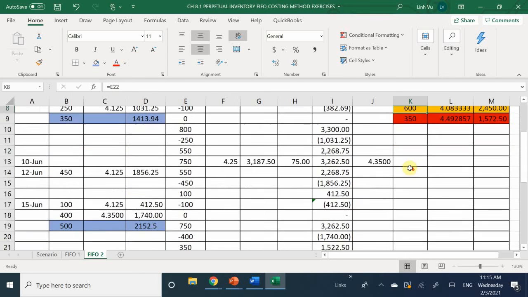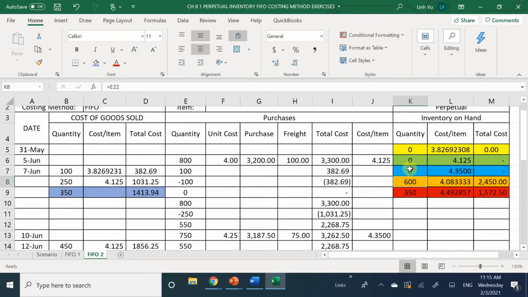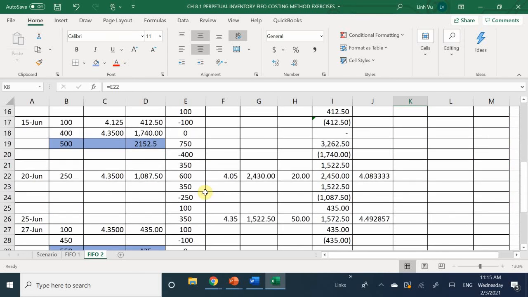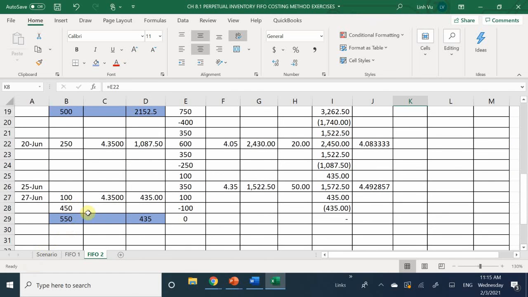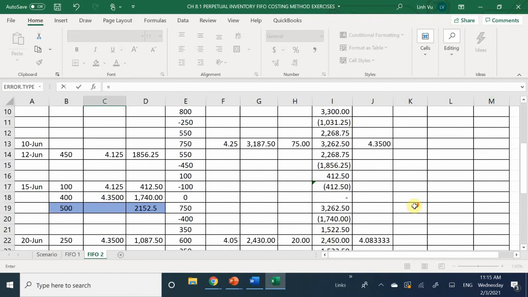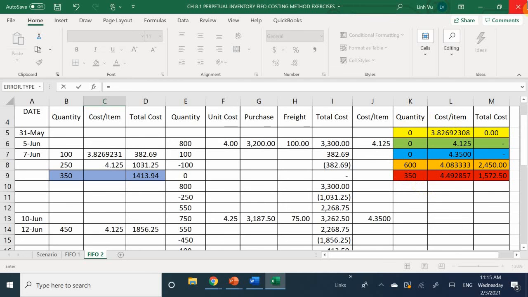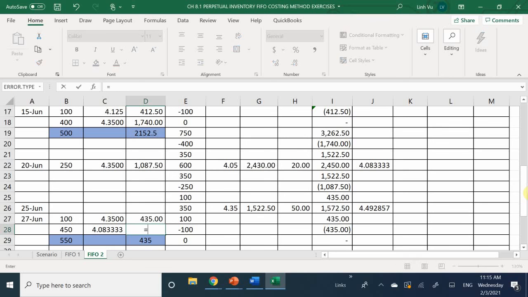Now, all we have left is our orange batch and our red batch, and we know that we're going to be taking 450 items out of the orange batch. So knowing that our orange batch is going to cost me $4.8333, okay, we're going to go ahead and do our equal round formula.